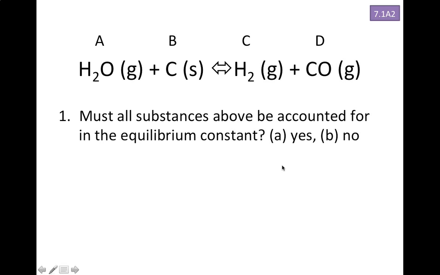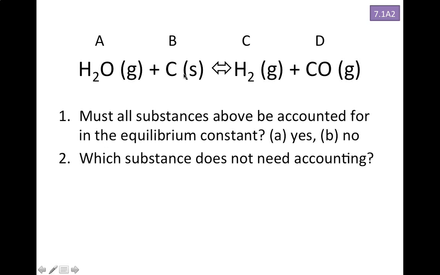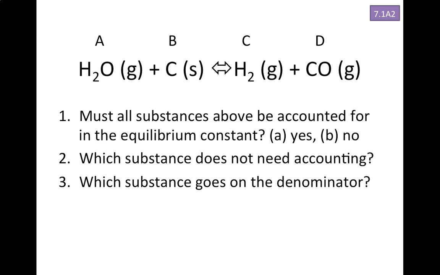And do all of the substances have to be accounted for? No, they do not need to be, because of this one right here. The substance that does not need accounting for is the carbon, because carbon is a solid, so its concentration is not changing at equilibrium, and I can ignore it completely. The substance that goes on the denominator, then, my only other reactant, is H2O.